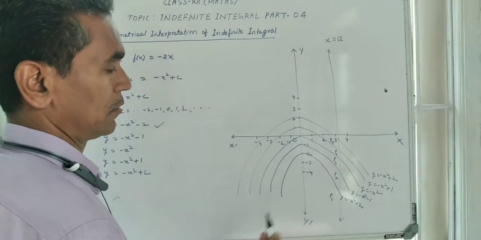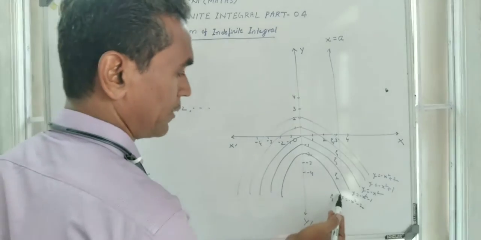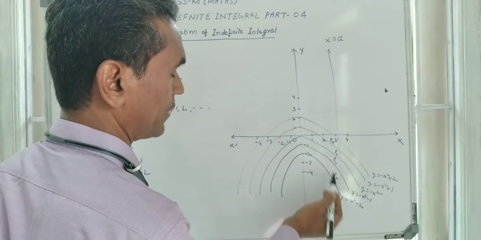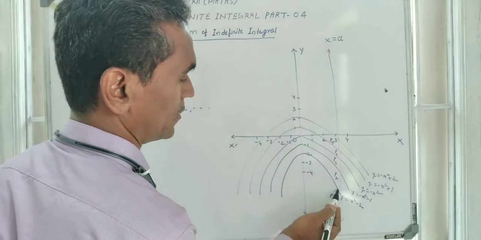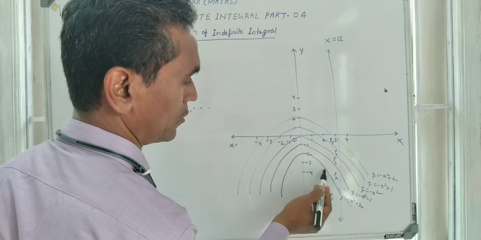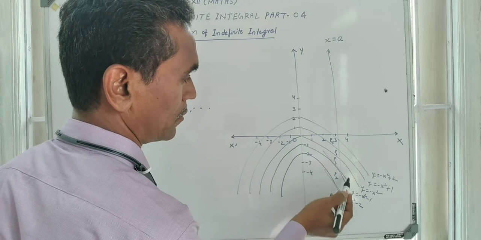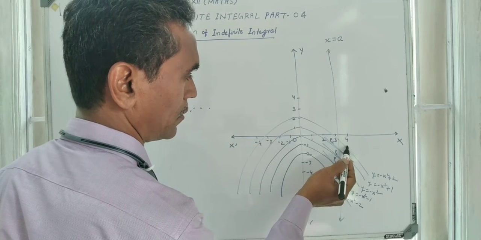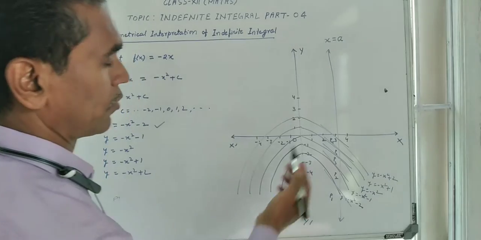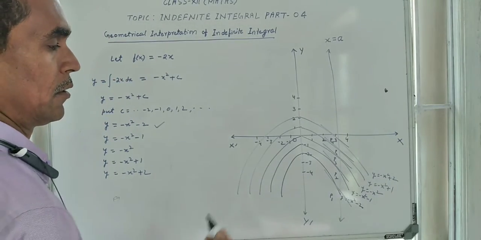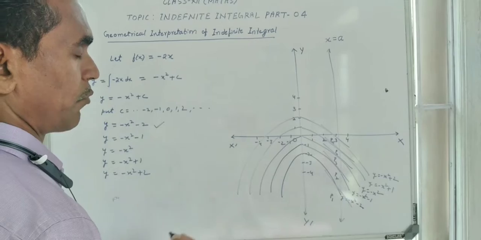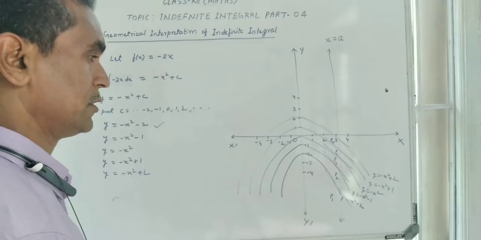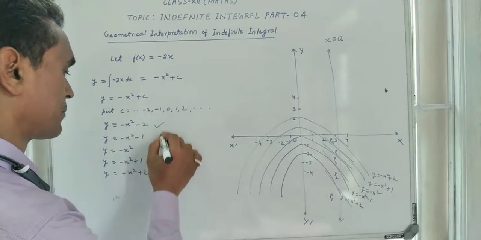If you draw a tangent to the curve at the point of intersection of the curve and this vertical line perpendicular to the x-axis, you will get this. So we have drawn here tangents to each graph at the point of intersection. So all tangents are parallel to each other. Why does it become parallel?